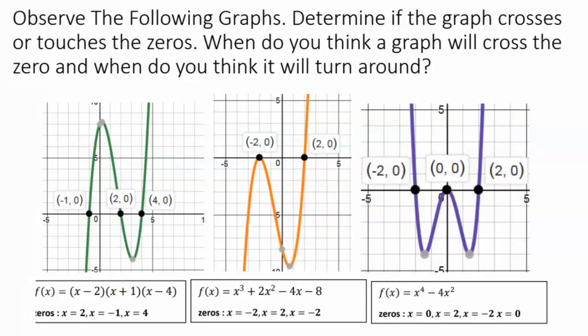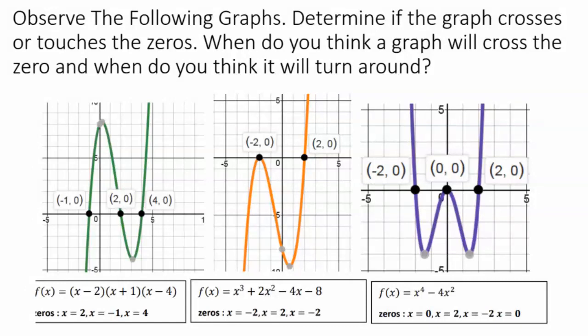If we look at the factors of this function, we have x minus 2, x plus 1, x minus 4. We have all individual values: x equals 2, x equals -1, x equals 4. None of them repeat. If none of them repeat, that means the graph is crossing completely at our x-intercept.